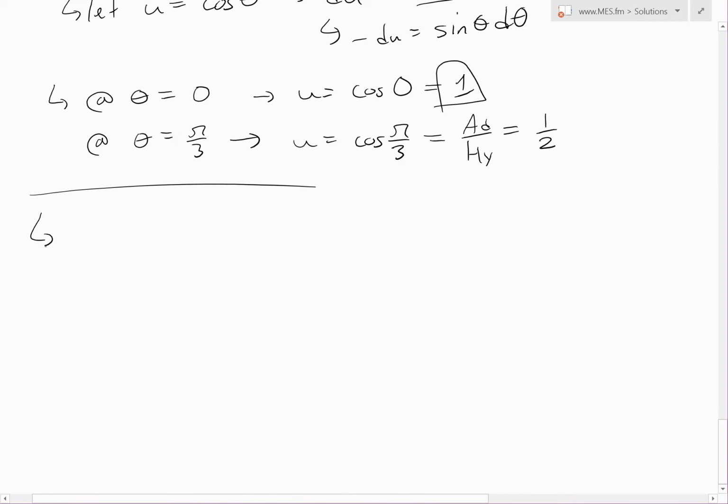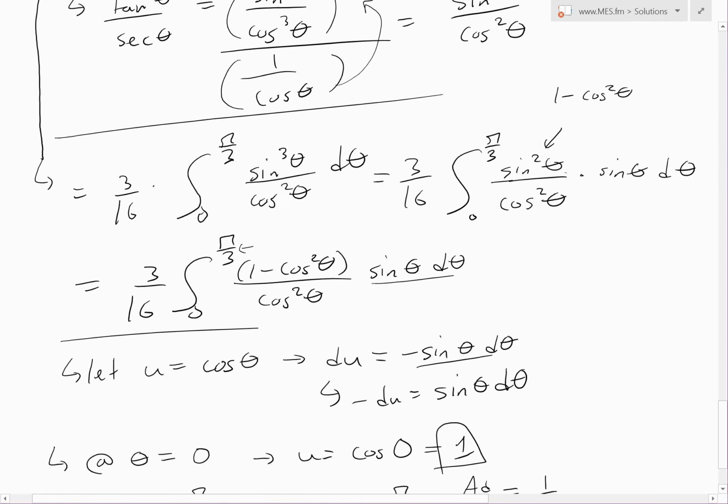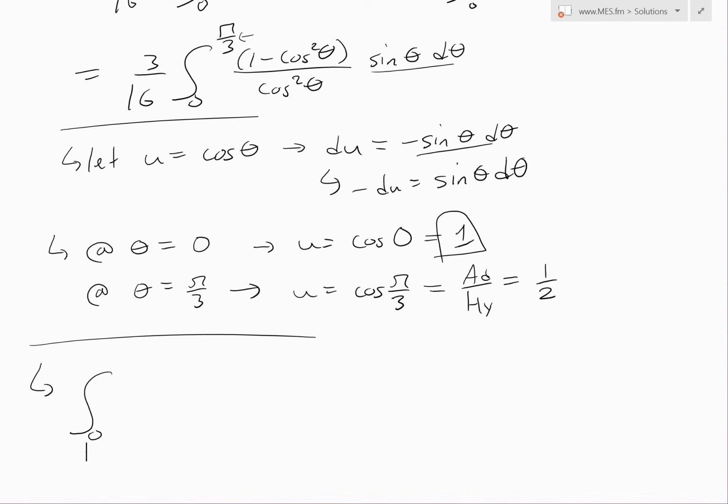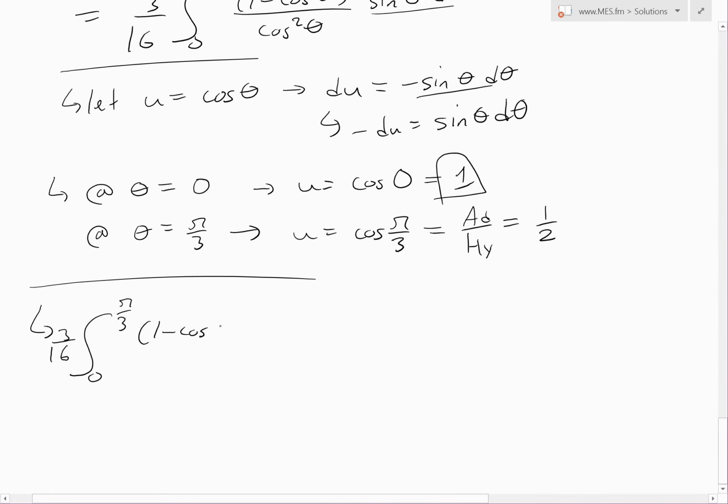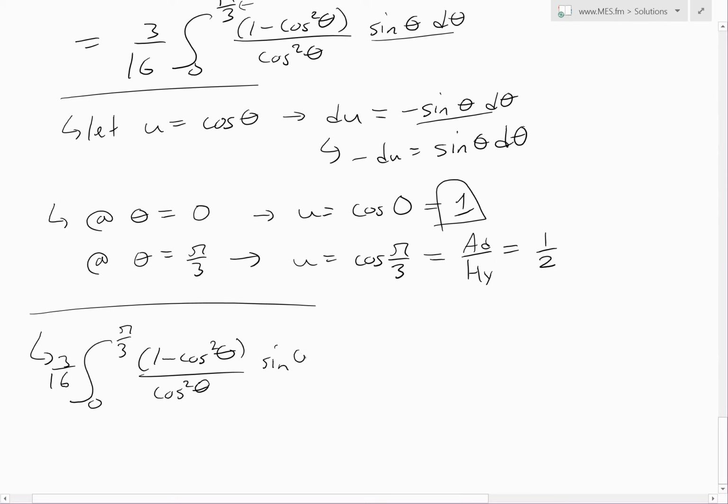Yeah, so if we put this all together, this is what we have right here. This is 3 over 16, integral from 0 to pi over 3 of 1 minus cosine squared theta over cosine squared theta, times sine theta d theta.